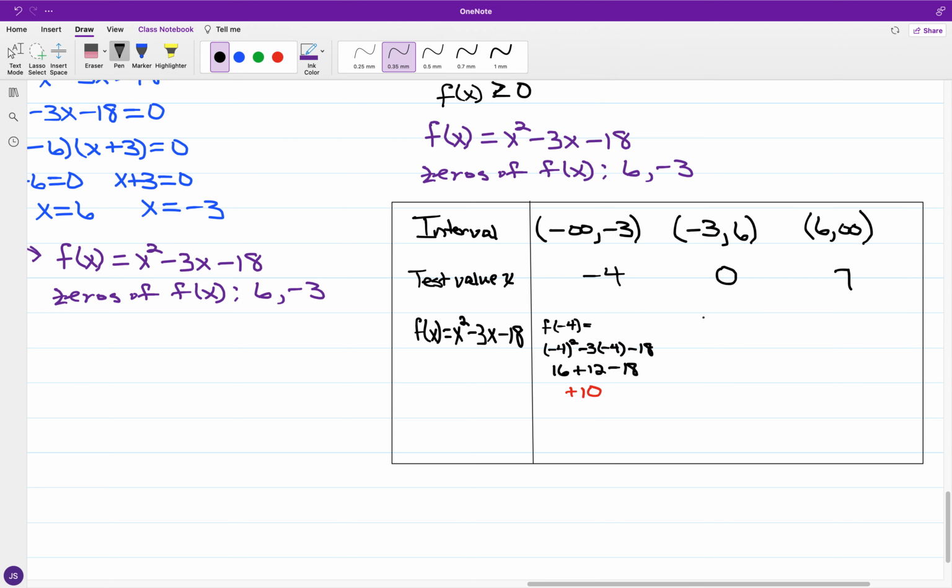Now for f of 0, we have 0 squared minus 3 times 0, still negligible, and once we take 18 away, this will be a minus 18.